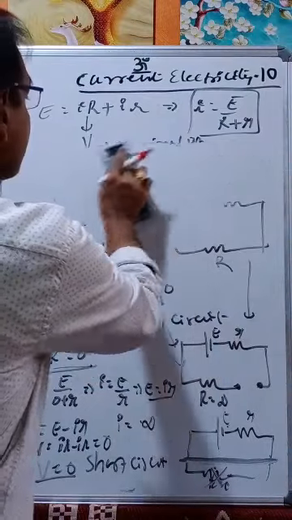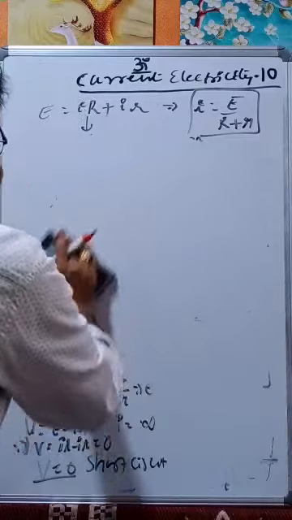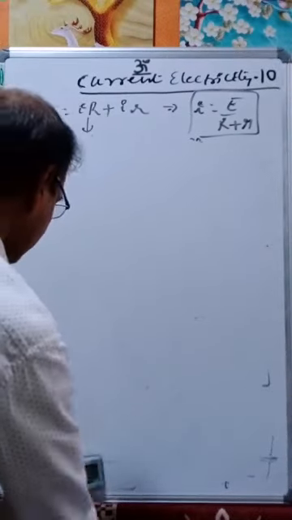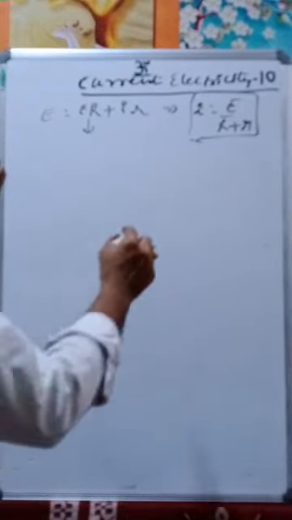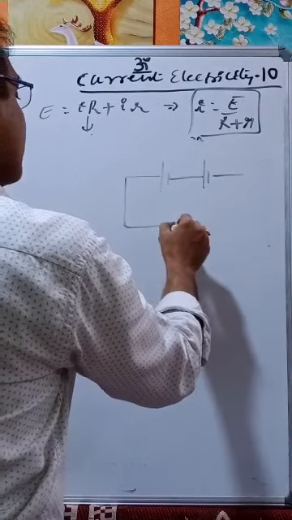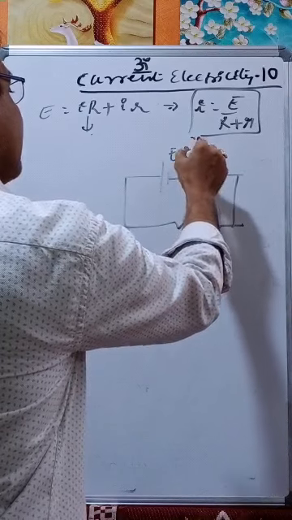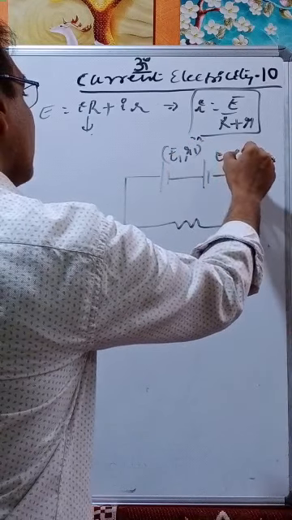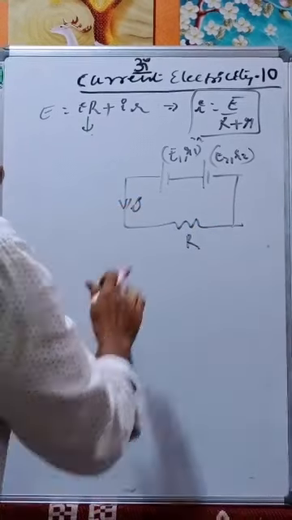Now, if you take two cells like this, this is E1, r1, this is E2, r2, and the current I is flowing like this.